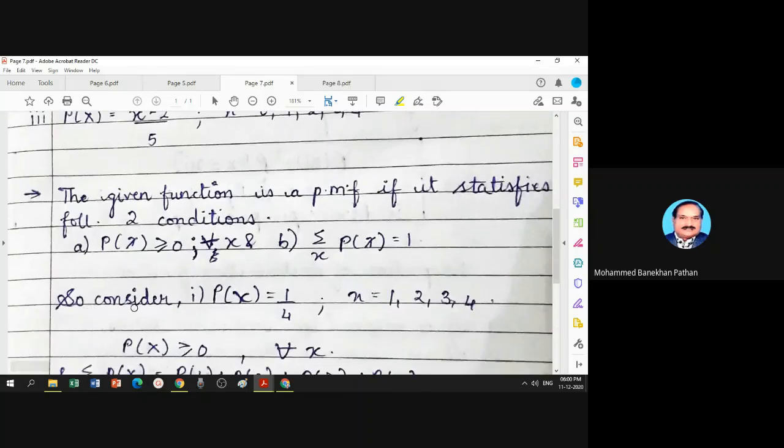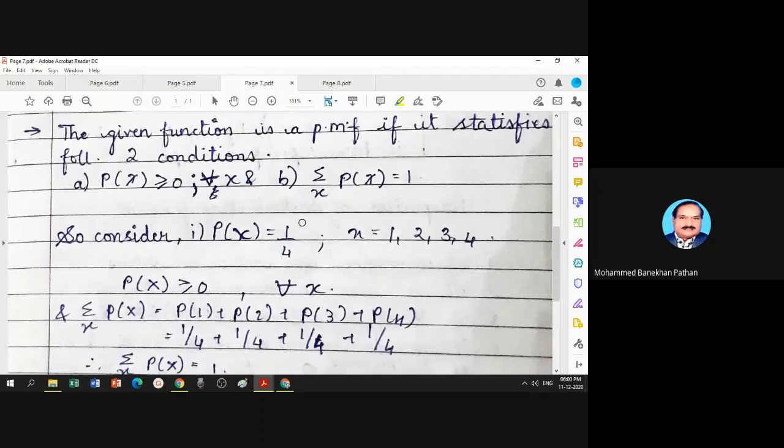So consider bit number 1, Px equal to 1 by 4, x taking value 1, 2, 3, 4. Now you can easily see the function is a constant. For every x, it takes value 1 by 4, which is greater than 0. So the first condition is trivially true.